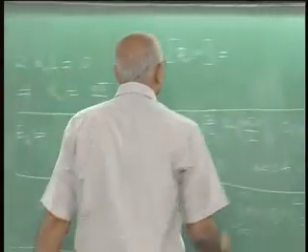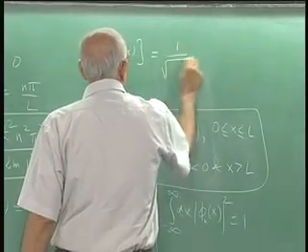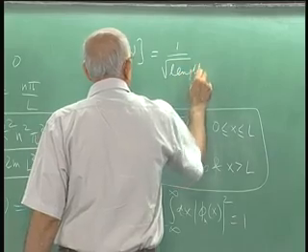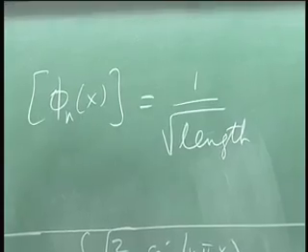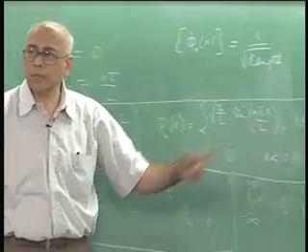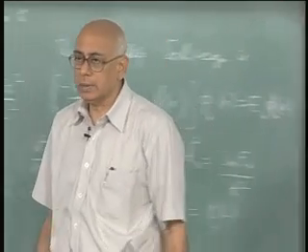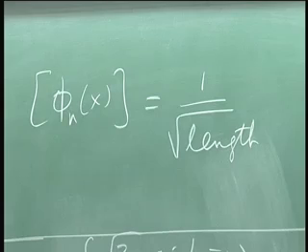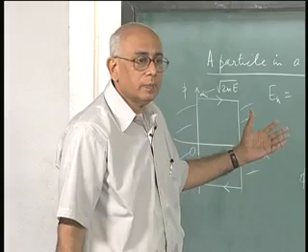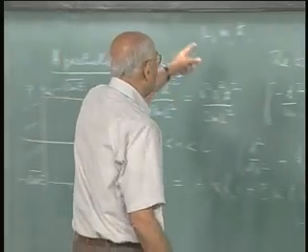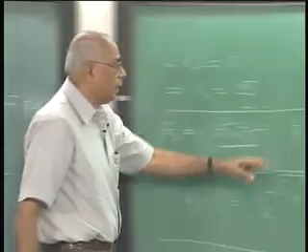L to the power minus half, so this must be 1 over square root of length, because when you square it and integrate over a length, this must be equal to a probability, which is 1. Now is there a parameter of dimensions length in the problem? Yes indeed, capital L, so it is not surprising that it appears here.